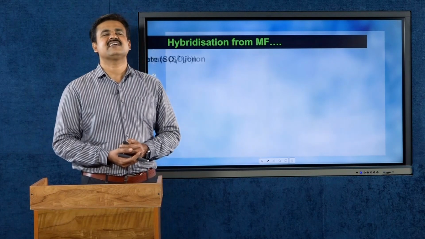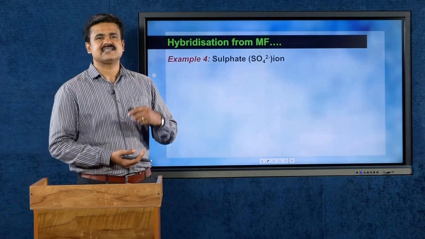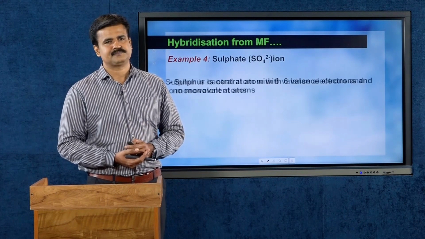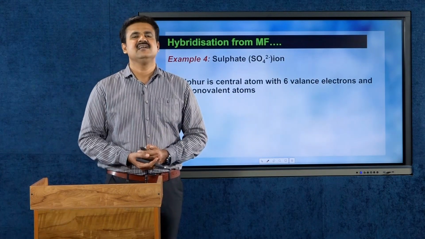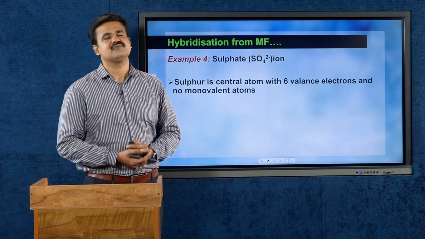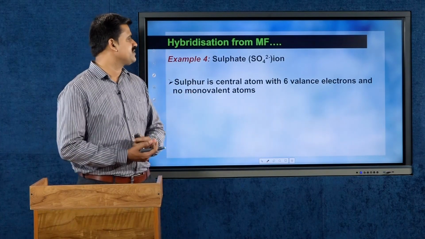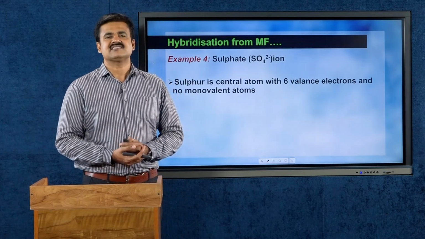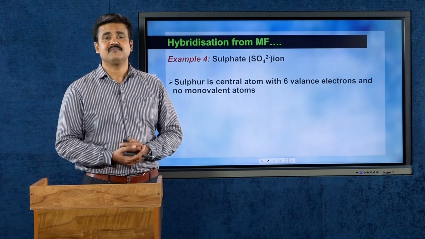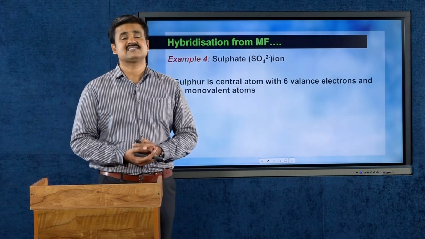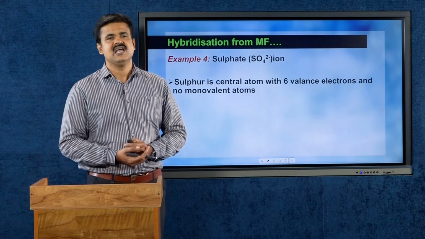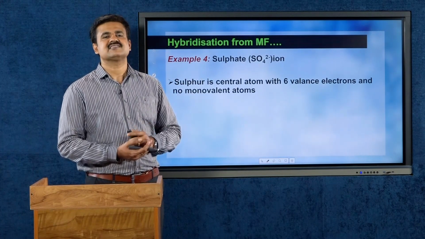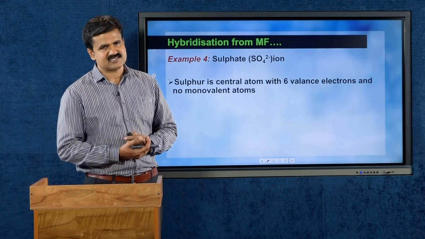Now, we can take another anion, that is sulfate anion, SO4 2 minus, as another example. In the case of SO4 2 minus ion, sulfur atom is the central atom, and sulfur belongs to oxygen family, and sulfur has valence electrons number equal to 6, or sulfur is associated with the 6 valence electrons, and here all other atoms are oxygen, and hence SO4 2 minus has no monovalent atoms.